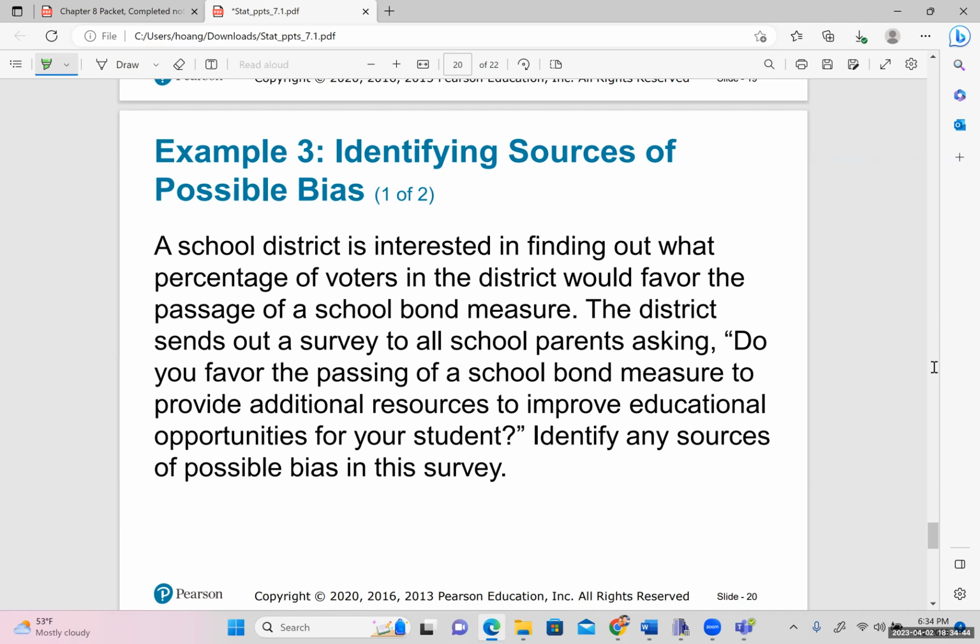The district sent out a survey to all school parents asking, do you favor the passing of a school bond measure to provide additional resources to improve educational opportunities for the students? So identify any source of possible bias in this survey. Go ahead and pause my video and think about what the answer is.